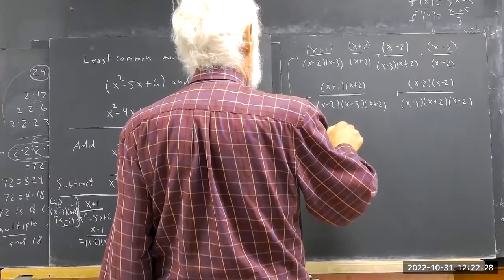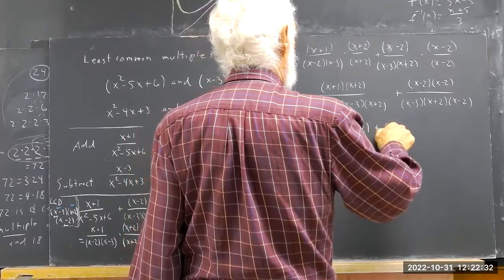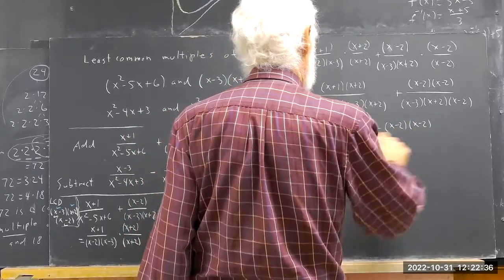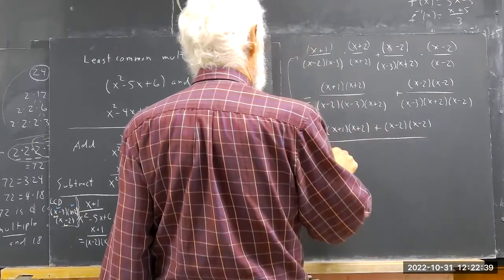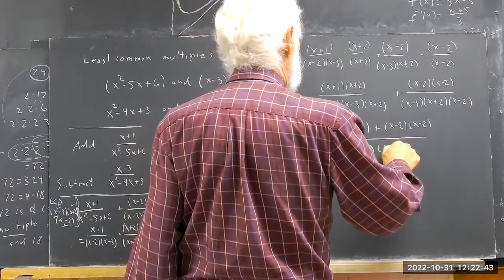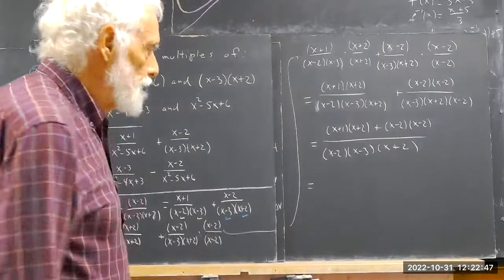So now we can write this as (x plus 1)(x plus 2) plus (x minus 2)(x minus 2) over (x minus 2)(x minus 3)(x plus 2). Now the rest is simple enough.